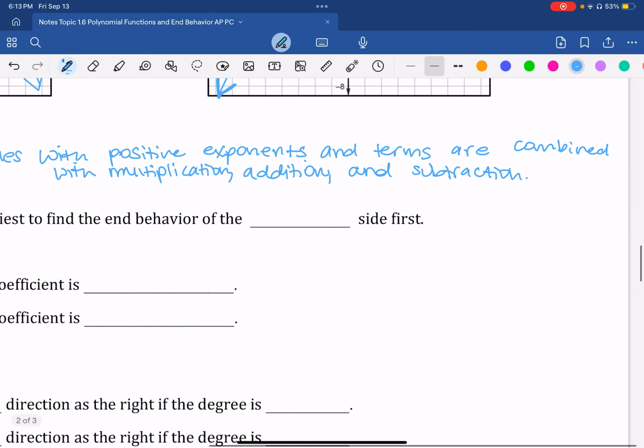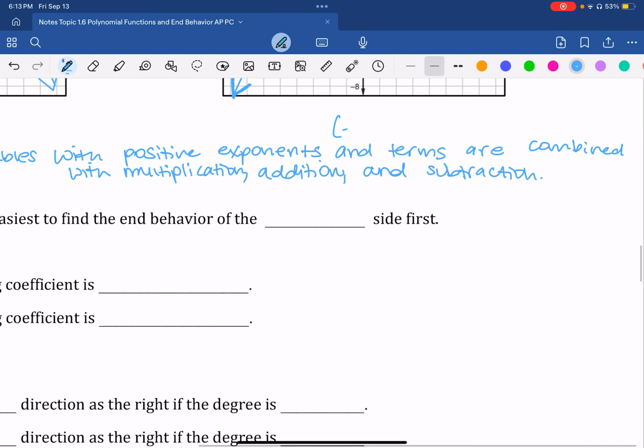Okay, as an example, we have 5x cubed minus 4x squared plus 3x minus 10.